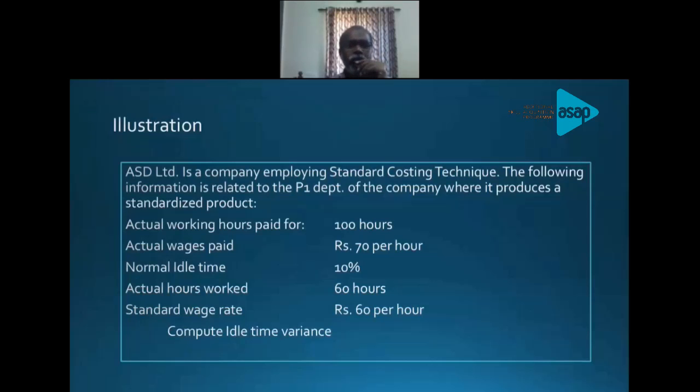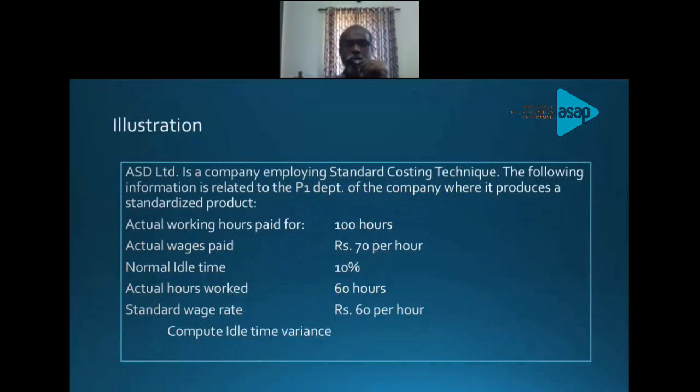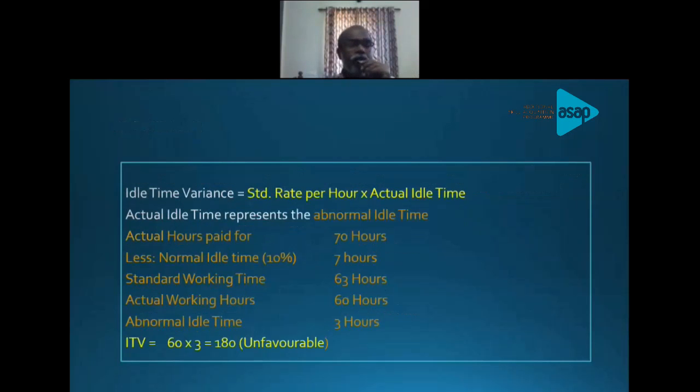My dear students, there is a correction in this question. Actual working hours paid for is 70 hours, not 100 hours. You make a correction there in the question. Normal idle time is given as 10%. That means 10% of 70, that is 7.